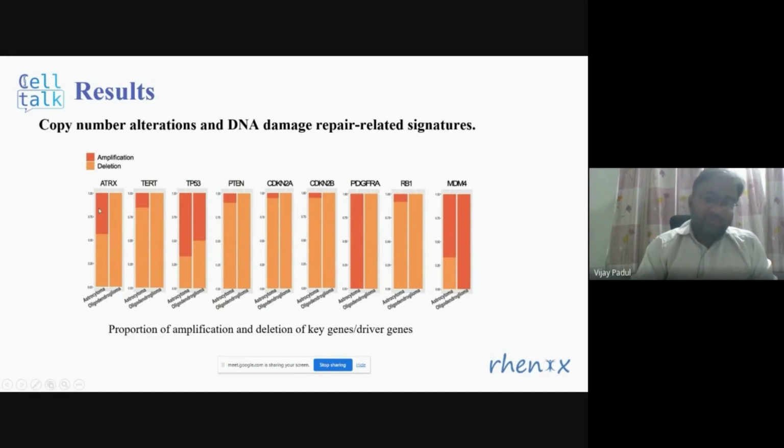So well-known differences were also present in this panel. Astrocytoma and oligodendroglioma differ with respect to ATRX. They differ with respect to TERT mutation also, TP53 mutation also, and MDM4. And there are minor differences with respect to RB1, PTEN, and CDKN2.